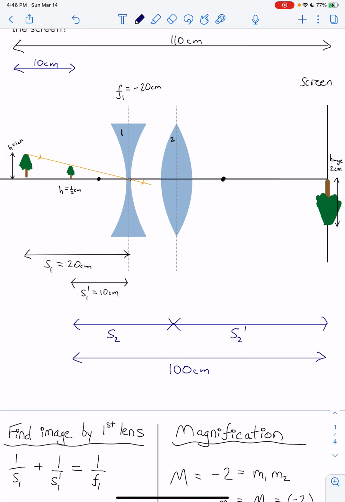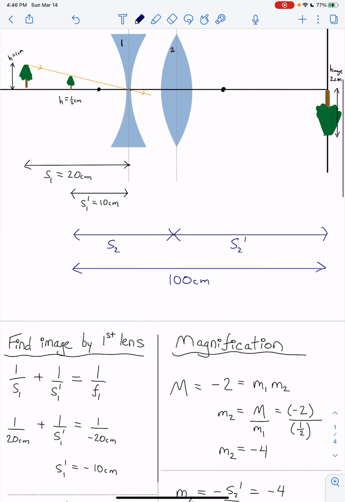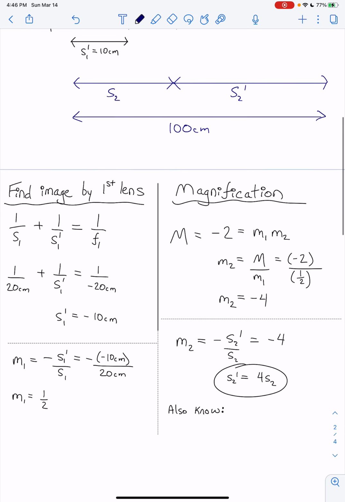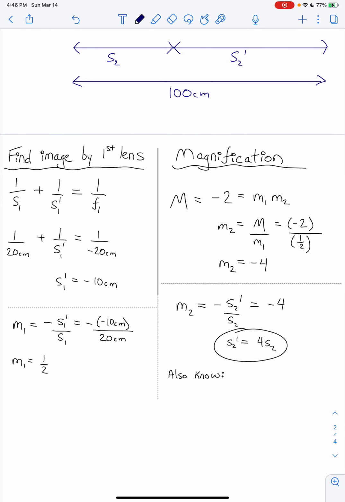And so the remainder is 100 centimeters. So this also gives us a relationship between these two values. Just to make that connection a little clearer, I'm going to keep it in that color just the first time I write it. So we also know that S2 plus S2 prime is equal to 100 centimeters.